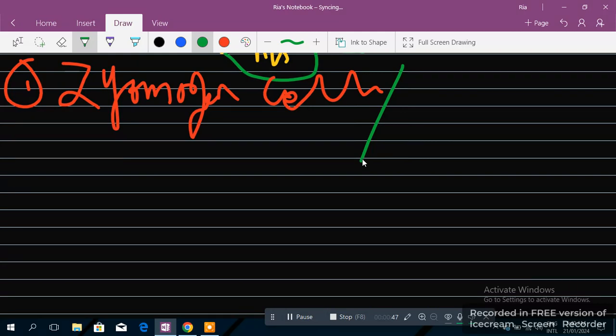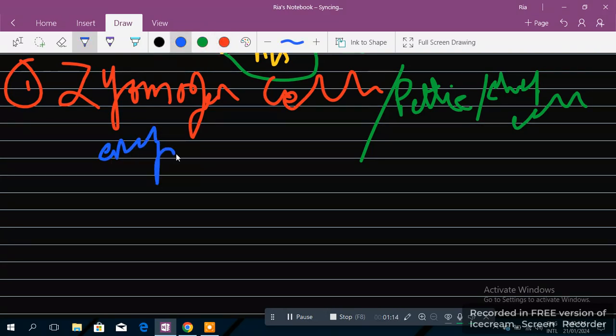They are also known as peptic cells, and also known as chief cells. Okay, so how is that? The enzyme is in your stomach, right?